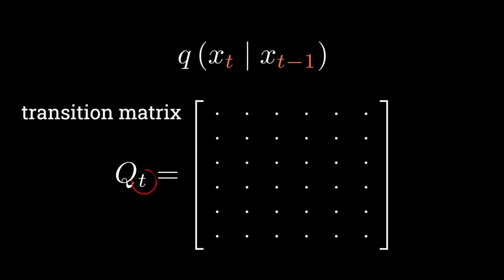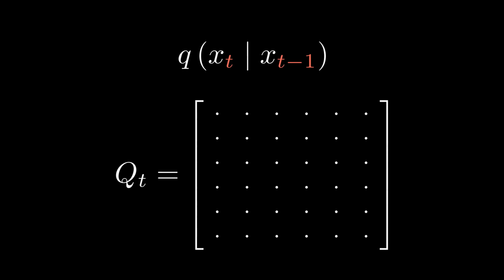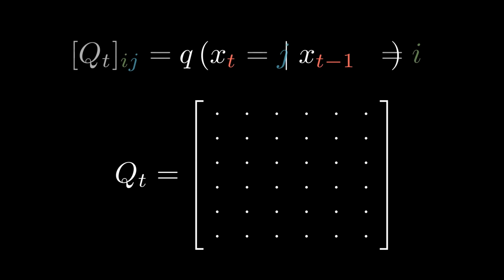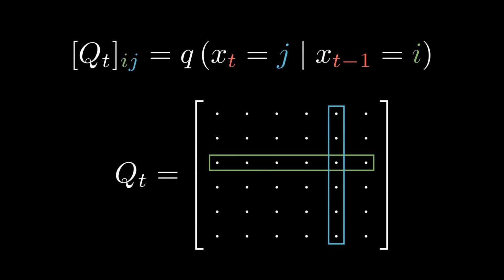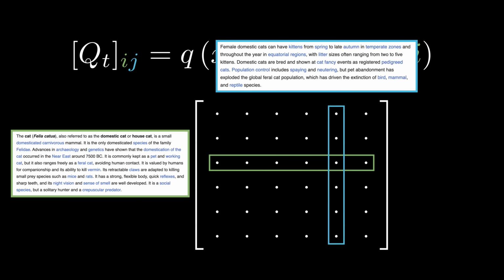The fact that q is time-dependent honors the time-invariant aspect of our probability distribution, just like in the continuous space. Each entry ij is the probability that the system moves at time t from state i, say this text, to some state j, say this other text.